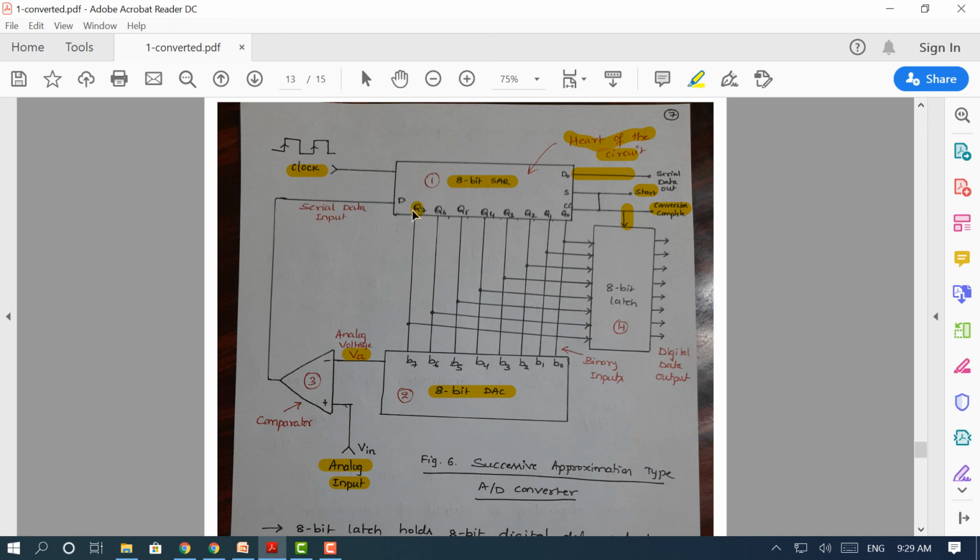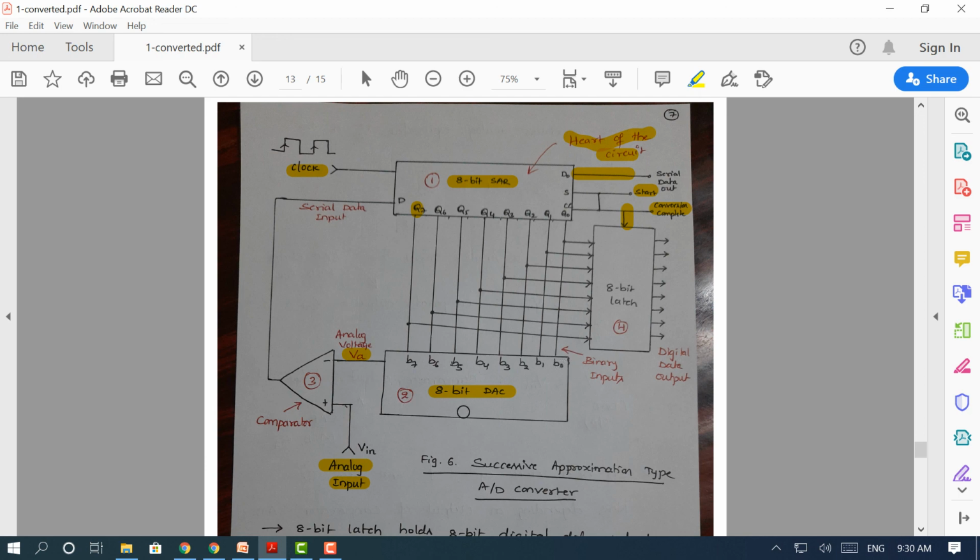Only Q7 is set to 1. This data is given to the 8-bit digital to analog converter. Since Q7 is set to 1 here, B7 becomes 1, and the remaining bits are 0.